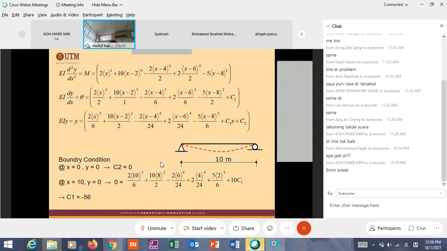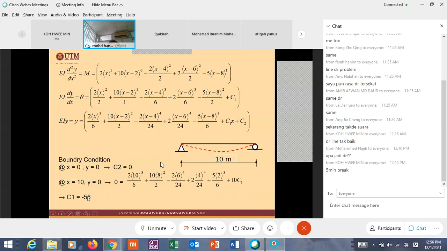Now, how many constants? C1 and C2. That means you need to find two boundary conditions. Boundary condition here is x equal to 0, y equal to 0, and x equal to 10 meter, y equal to 0.